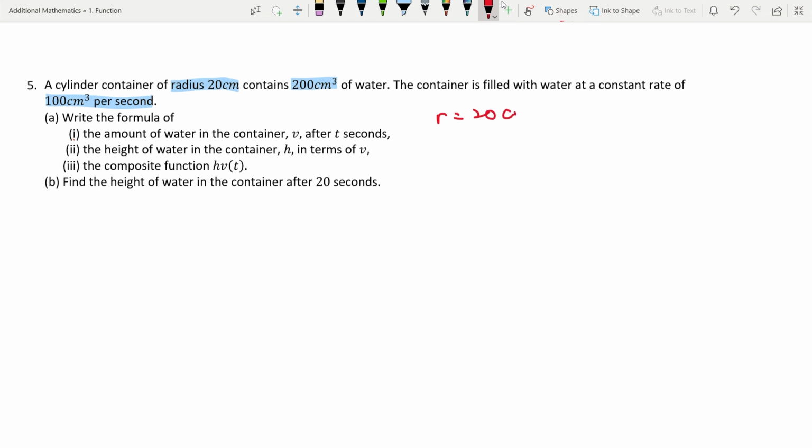Radius is 20 cm, volume is 200 cm³, and the rate is 100 cm³ per second. Write a formula of the amount of water in the container, V, after t seconds.